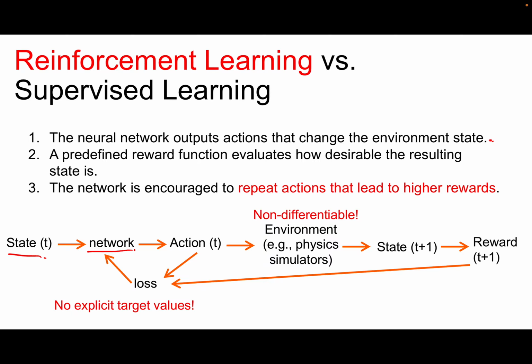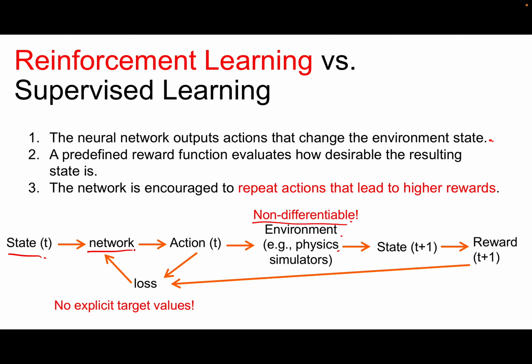And then it changes the environment, right? For example, a physics simulator. The network outputs some action, and then we apply such action in the environment. So here, the first problem happens. It is non-differentiable.